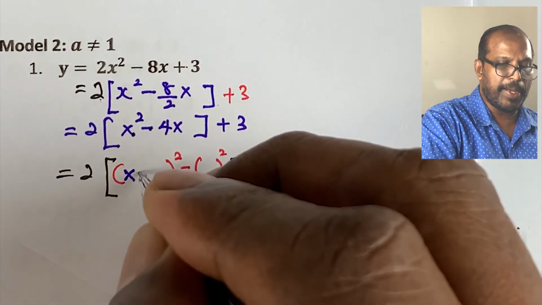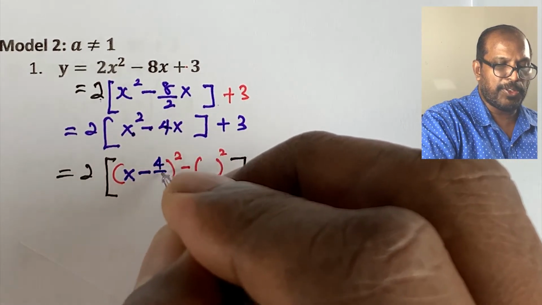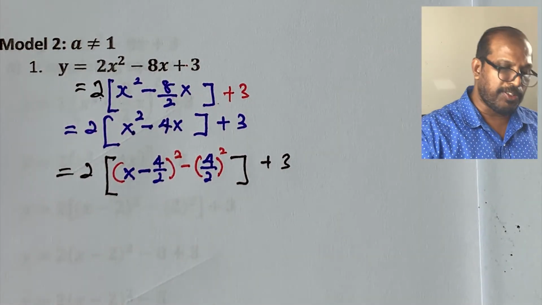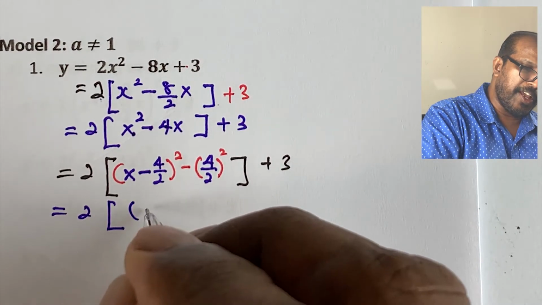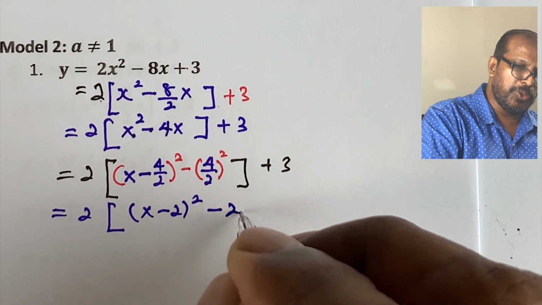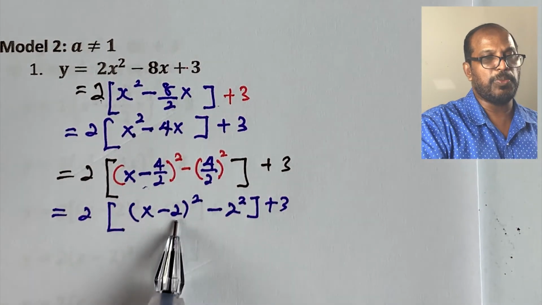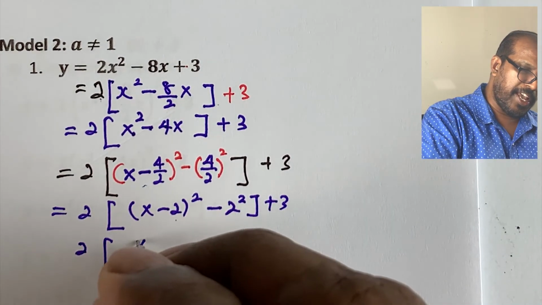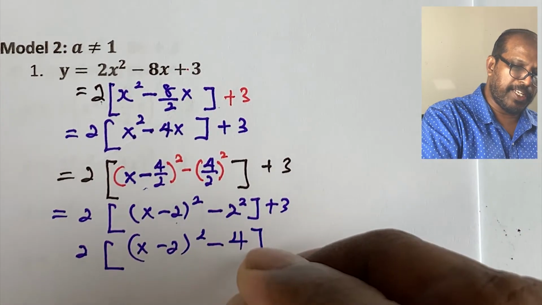Here minus 4, now I'm going to solve, here becomes 4 over 2, here becomes 4 over 2. Now simplify. So this equals 2 open bracket x minus 2 squared minus 2 squared close bracket plus 3, because 4 over 2 is 2. Then we solve again: x minus 2 squared minus 4 close bracket plus 3.